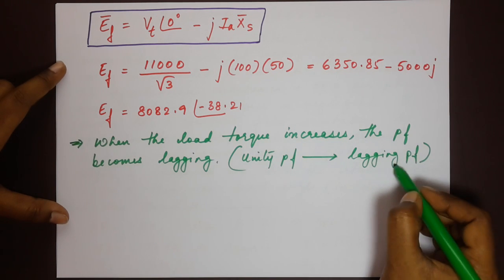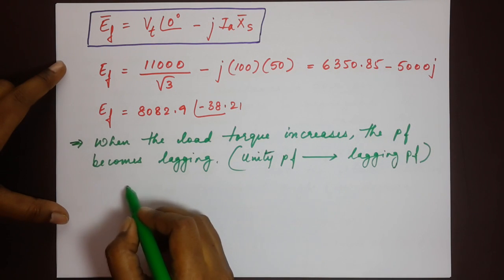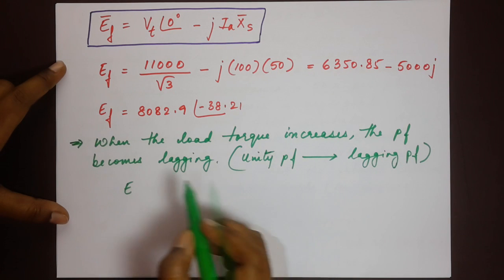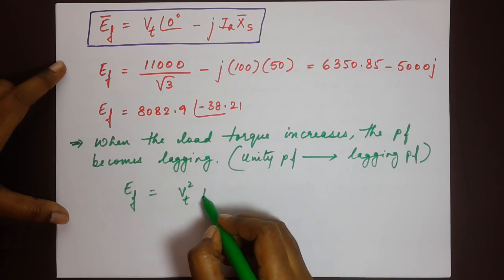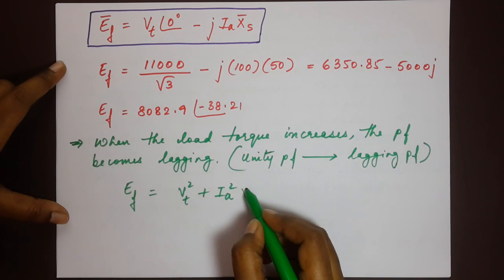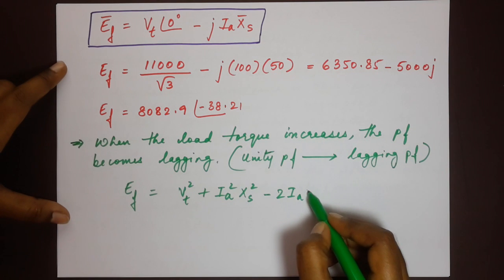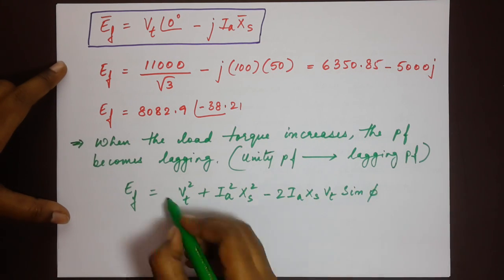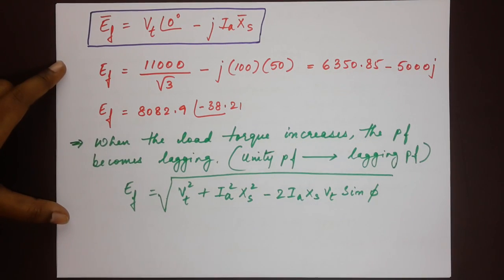Now it is because of this point we choose our next formula. You should know that the field excitation when the power factor is lagging is the square root of Vt square plus Ia square Xs square minus 2 into Ia Xs Vt sin phi. Please make note of this equation.